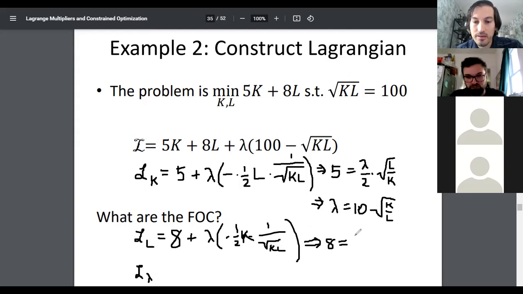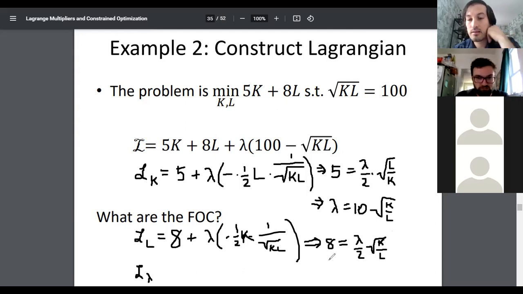We have lambda over 2, except now instead of square root of L over K, this K is in the numerator, and that becomes square root of K over L. And then lambda equals 16 times square root of L over K.